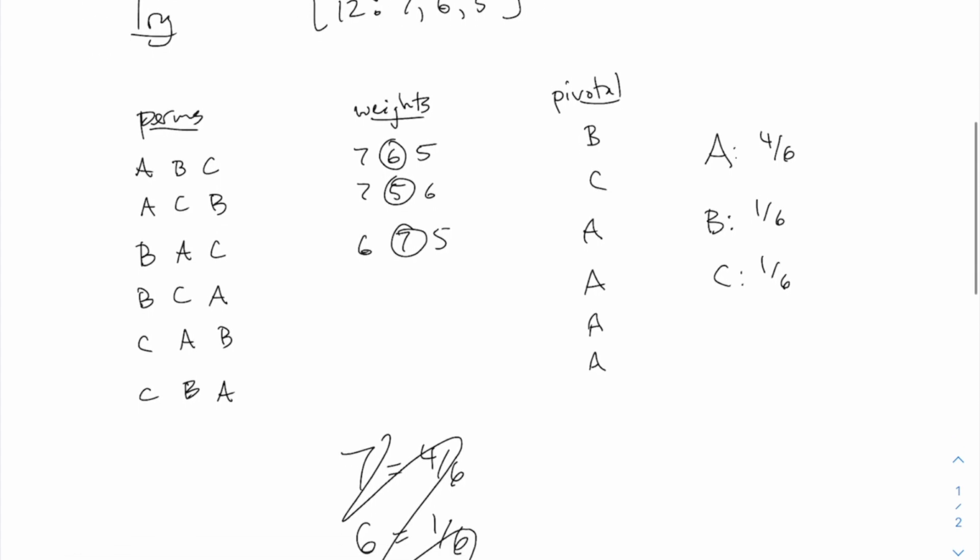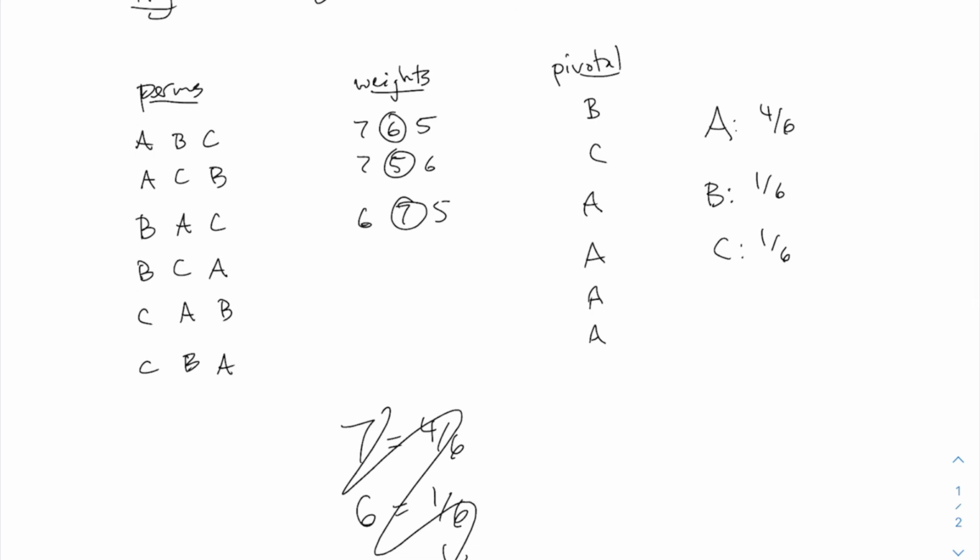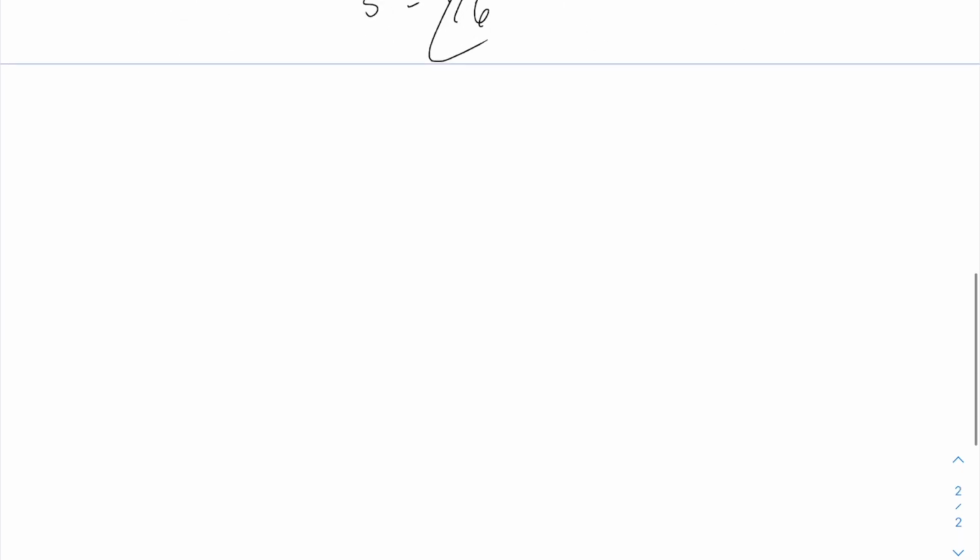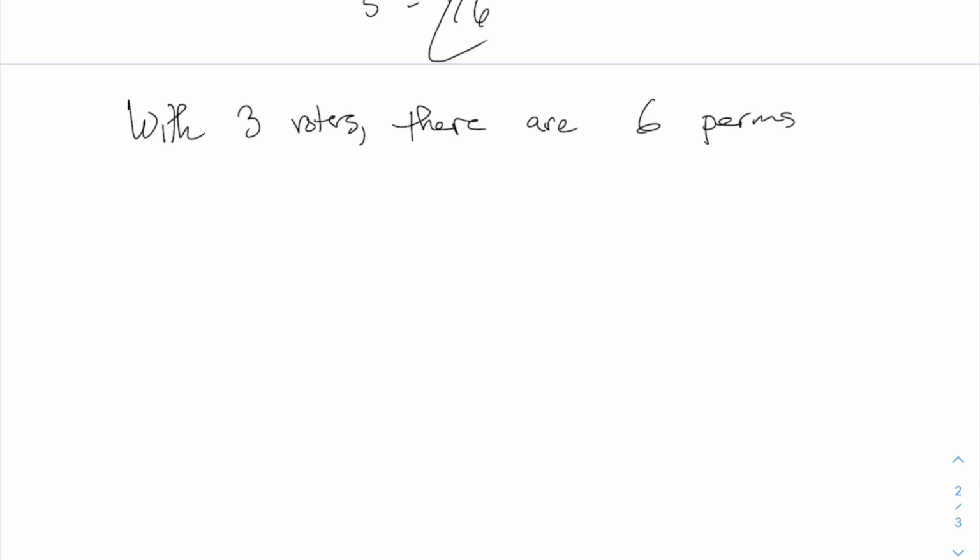Great. That's the Shapley-Shubik. Can we say a few things about it? So this is how you do it, right? One thing I would like to talk about briefly is how many permutations there are. With 3 voters, as we've seen, there are 6 permutations, 6 different ways you can put 3 things in various orderings.